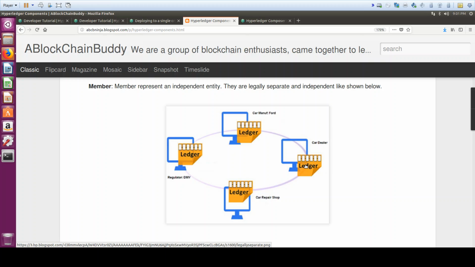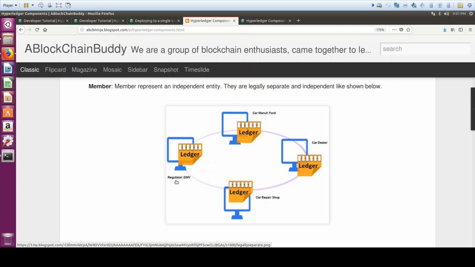Then the dealer sells the car to a customer. That information is sent to the manufacturer. That information is sent to the DMV. Then when a customer comes to the car repair shop, for example for emission testing, the repair shop does the emission testing, and that information flows to the DMV.